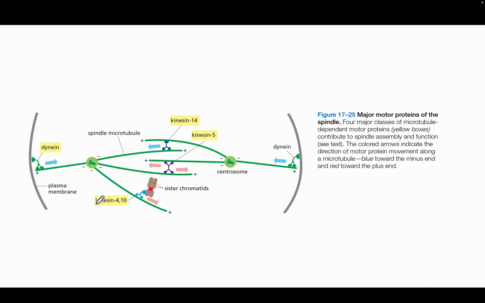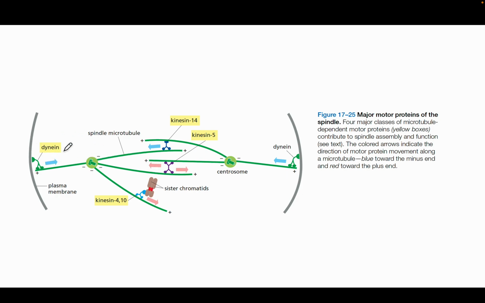So this is again the diagrammatic representation of what I was telling. These major motor proteins you have to remember, and their function. The major motor proteins of the spindle are dynein and kinesins. Among the kinesins there are also several types: kinesin 14, kinesin 5, kinesin 4 and 10. So four major classes are shown here.